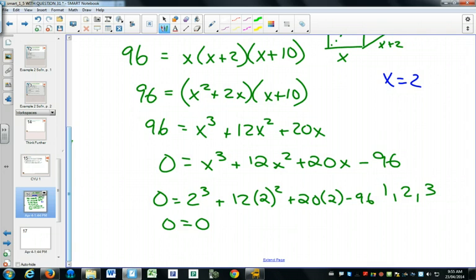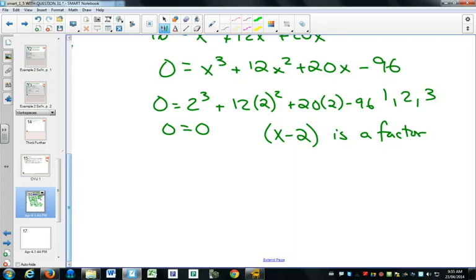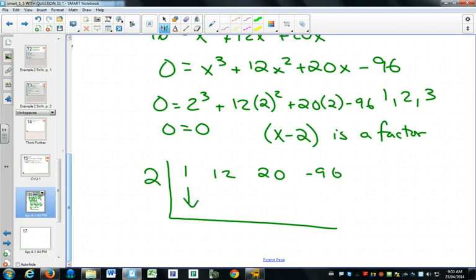So when I plug in 2, this means that x minus 2 is a factor. And to factor completely, this is where we would go to our synthetic division next. 2 on the outside, 1, 12, 20, negative 96. Bring it down to 14. 28. Oh, nice.